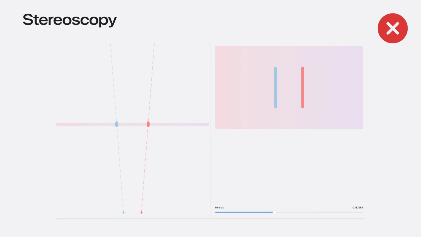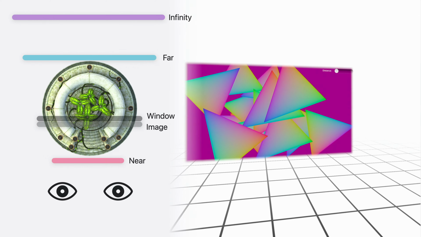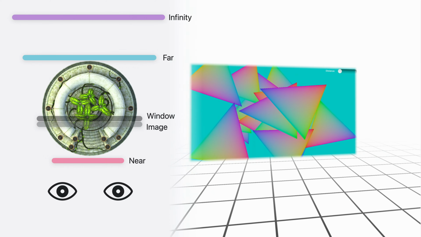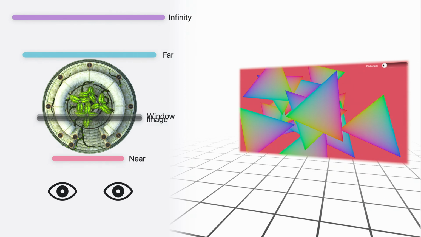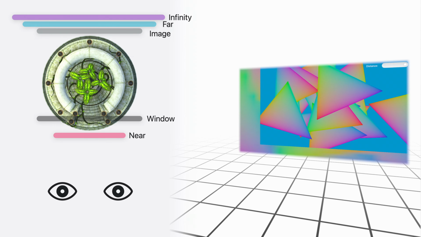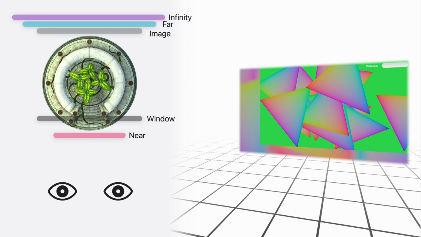One way to solve this is to display the stereoscopic image on an infinitely far plane. For example, here's an image rendering on the window plane. Some content appears behind the image plane, and some content appears in front of the image plane. By rendering the content on an infinitely far image plane, for example through a portal like spatial photos do, content with a parallax of 0 will appear at infinity, and everything else will appear in front of it with a negative parallax.